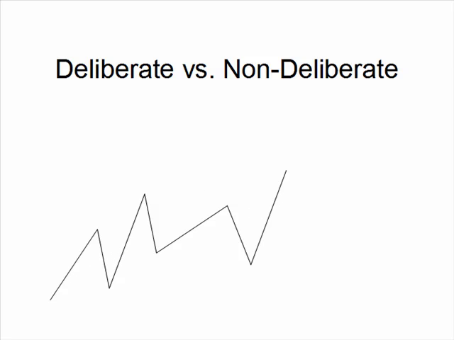So a deliberate market would be something like this. A non-deliberate market would be this choppy.